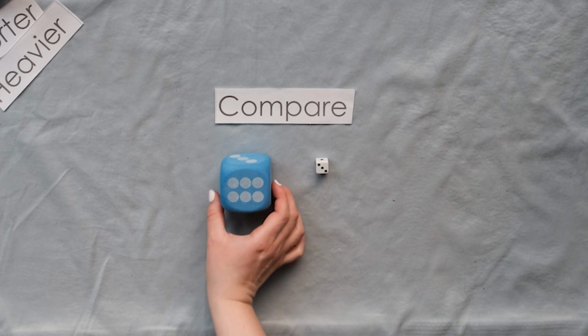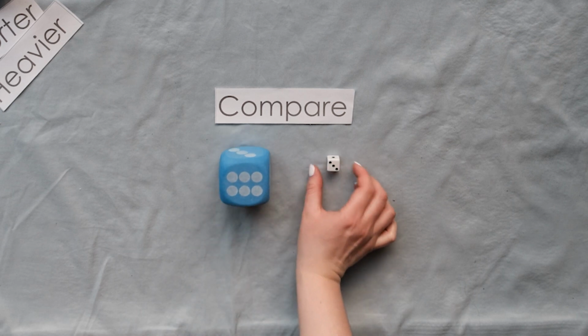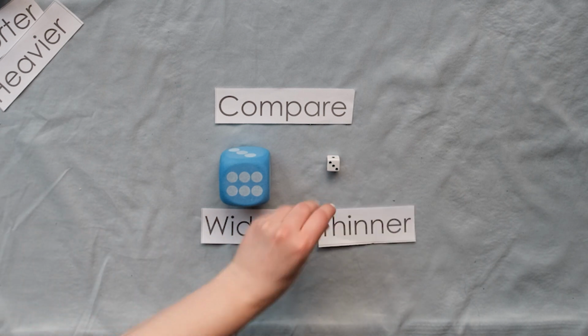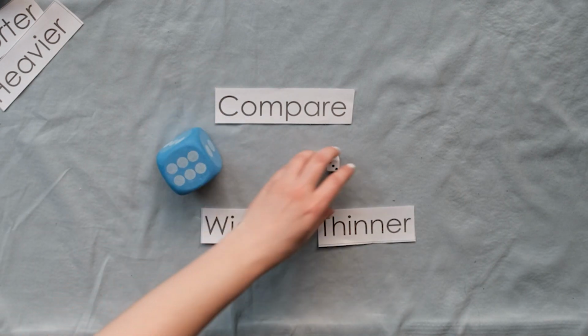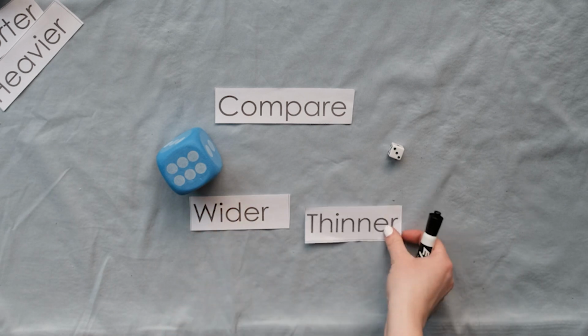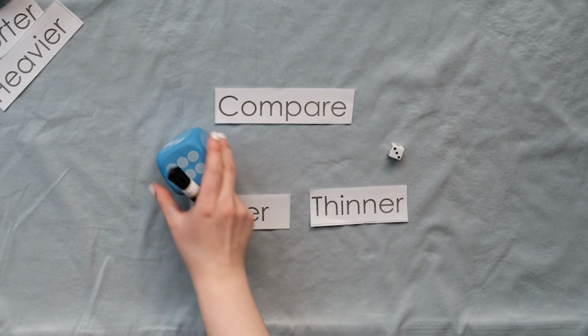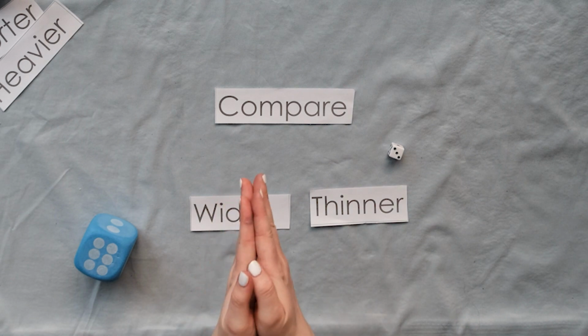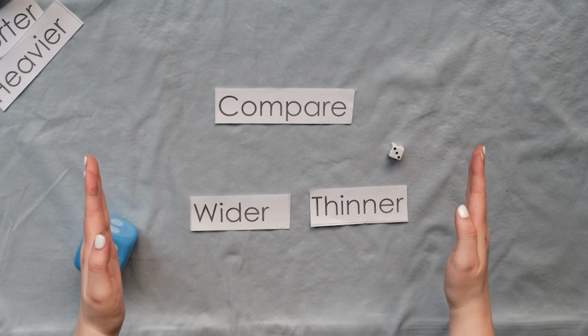Okay, so if I'm talking about the two dice, I could talk about how one is wider and one is thinner. When we're talking about the words wider and thinner, we are talking about the size this way, right?